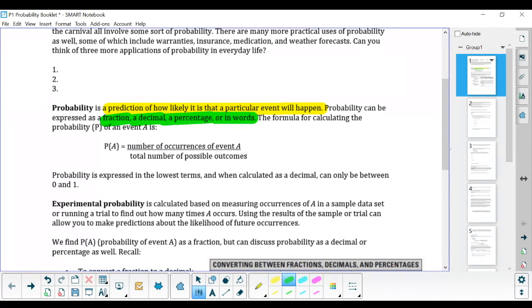We've got our formula here for calculating probability, written as the probability of event A is equal to the number of occurrences of event A divided by the total number of possible outcomes. Something to keep in mind is that probability is expressed in the lowest terms, and we'll talk about what that means in a second. And when you calculate it as a decimal, it can only be between 0 and 1. Again, I'll refer to that very shortly.